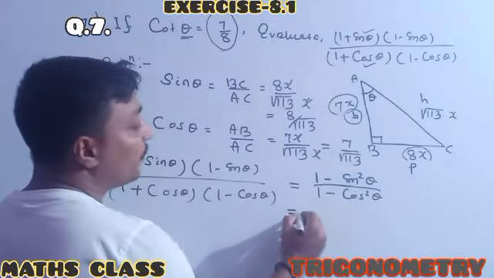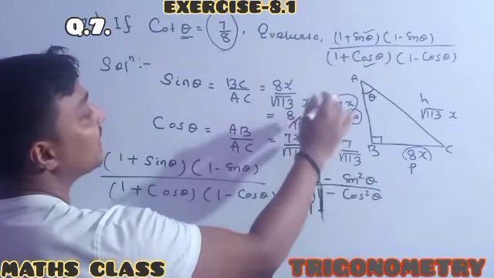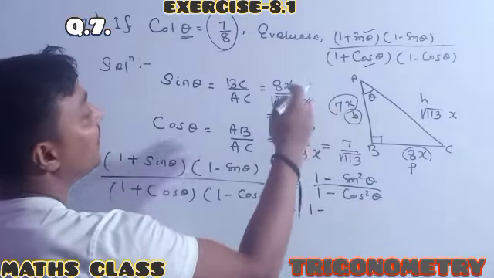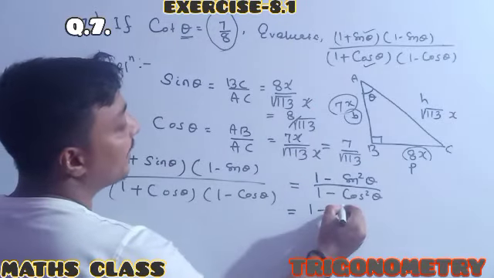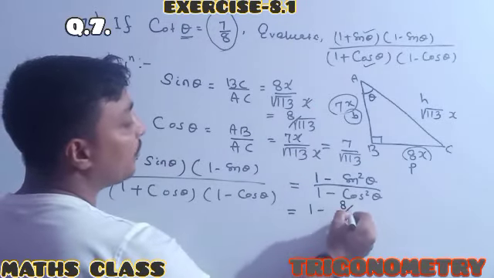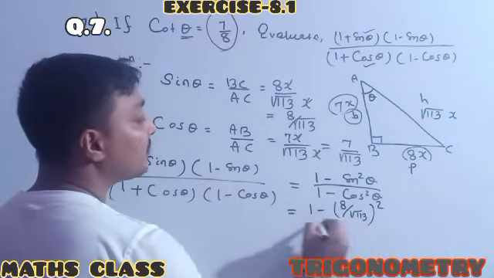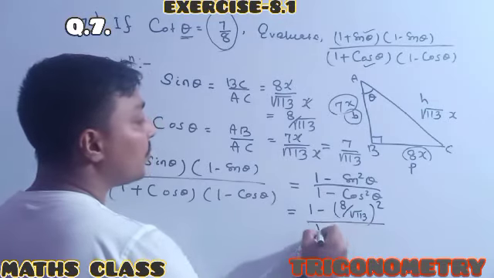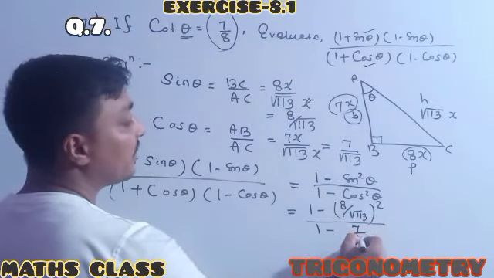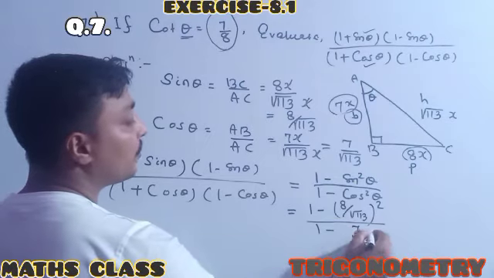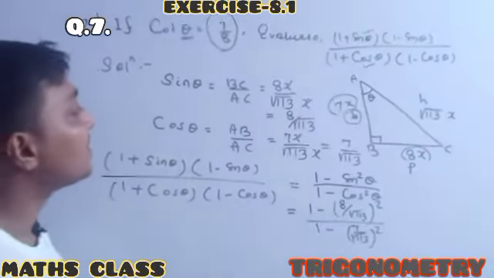See, only we have to put the values. 1 minus sin square theta means 1 minus 8 divided by root of 113 whole square, and 1 minus cos square theta means 1 minus 7 divided by root of 113 whole square. How to solve? Everyone just see.